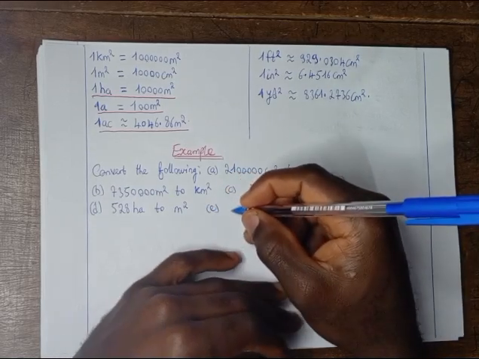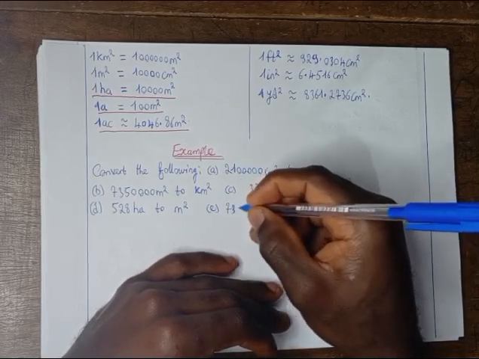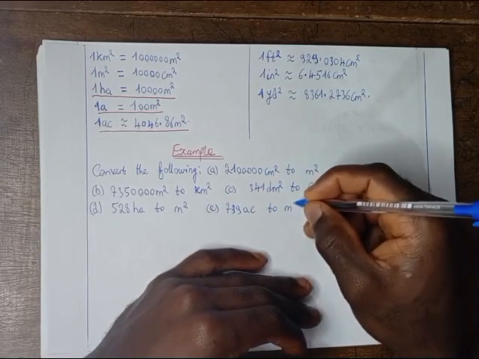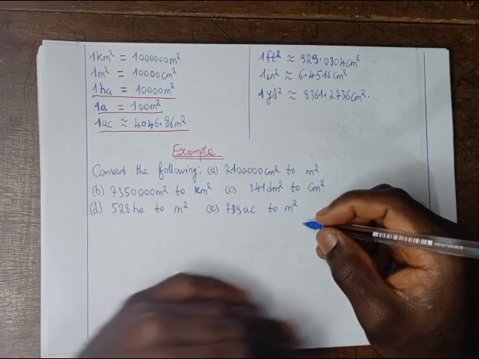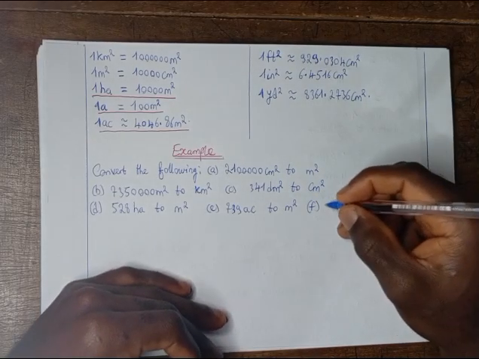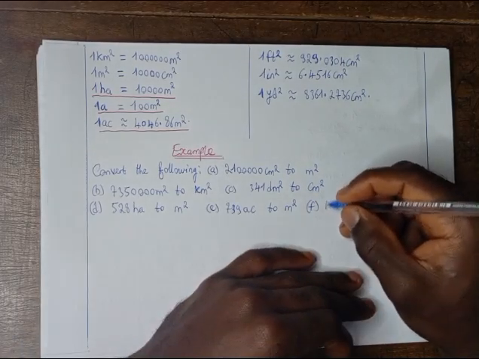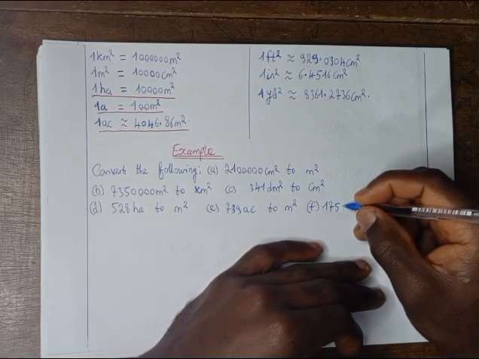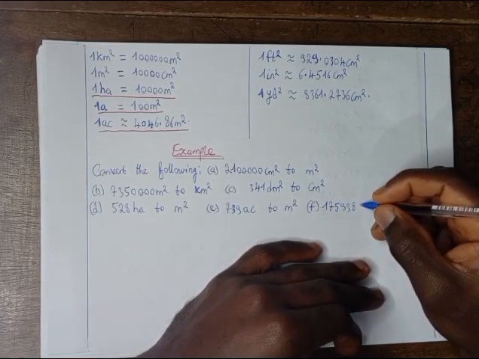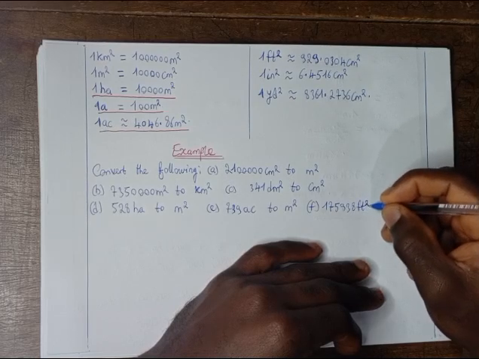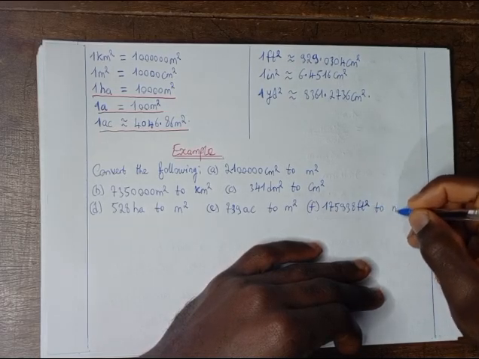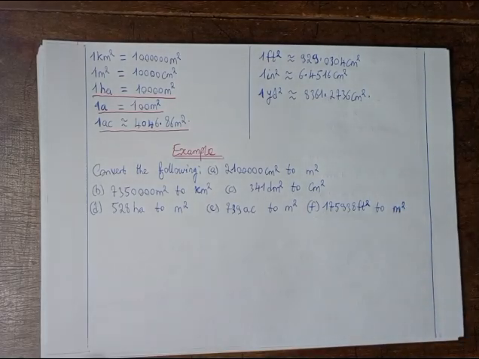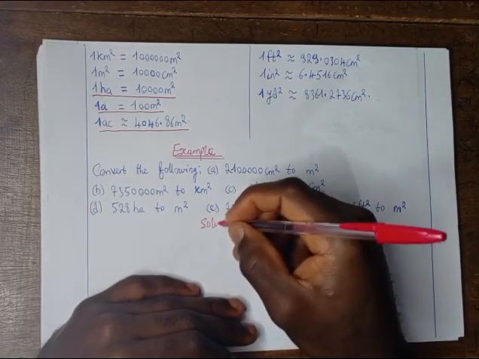E, we have 739 acre to meters squared. And lastly for F, we have 175,938 foot squared to meters squared. Take the solution.